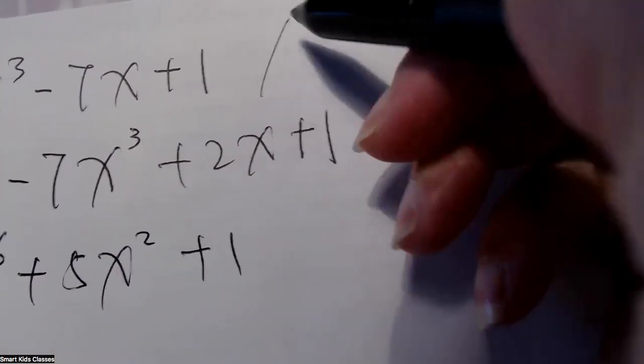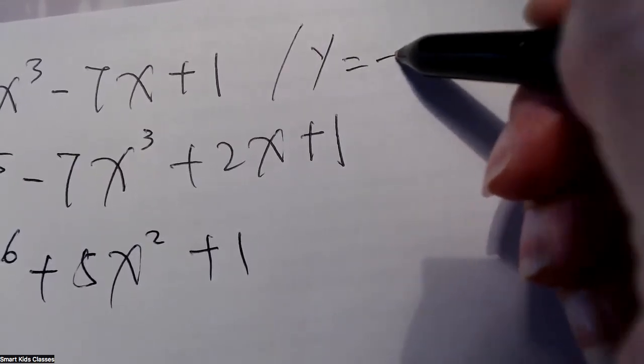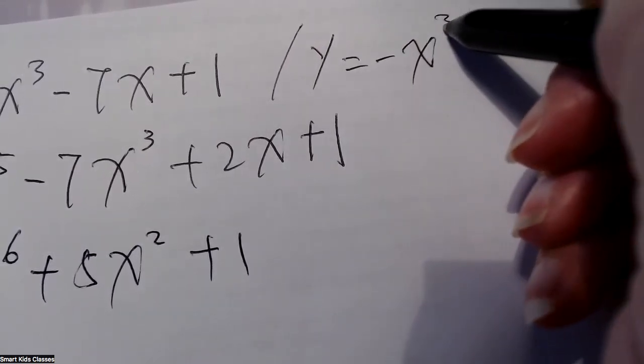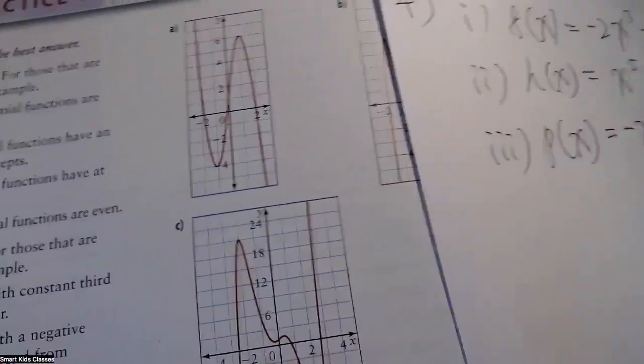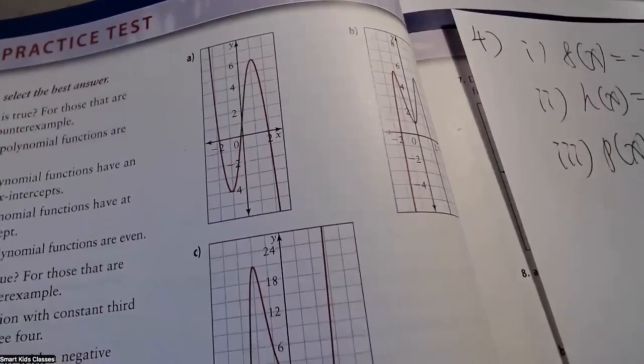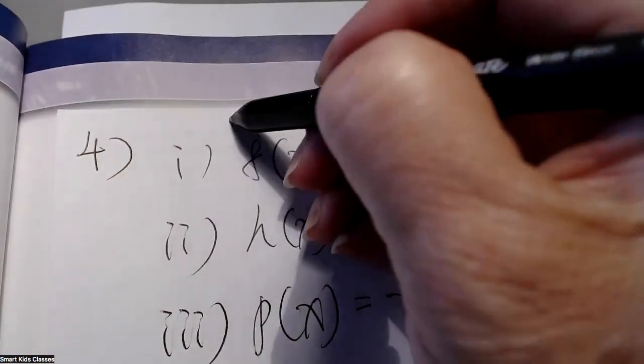So I'm going to write here, y equals -x exponent 3. So we got to match the graph here. So this is the exponent 3 equation. So therefore we match it for A. So I is for A, so we write A on top.